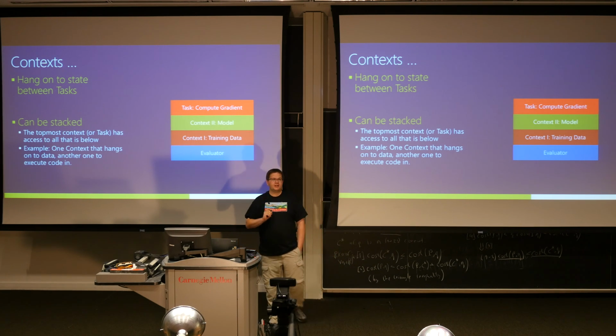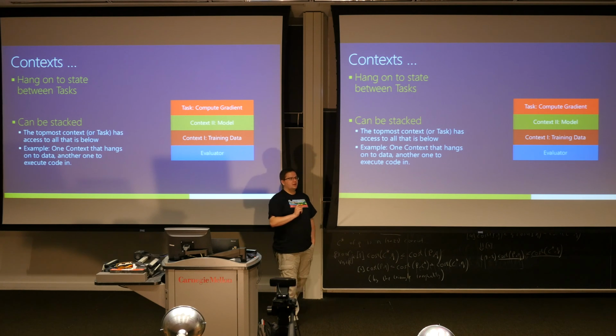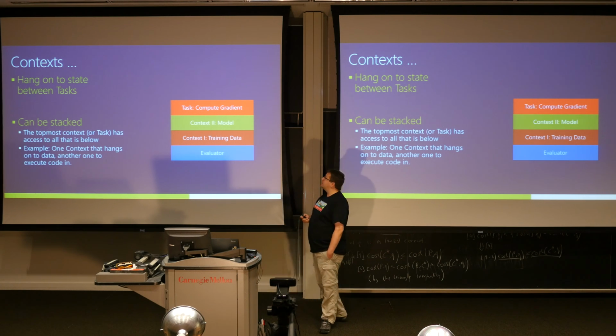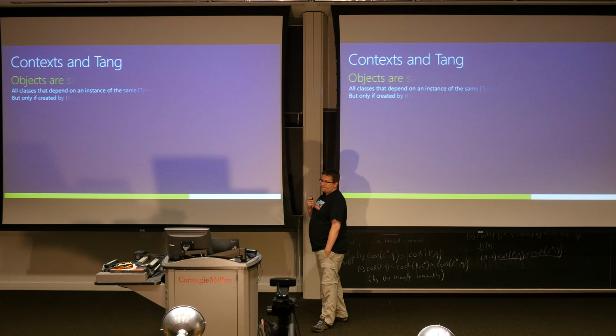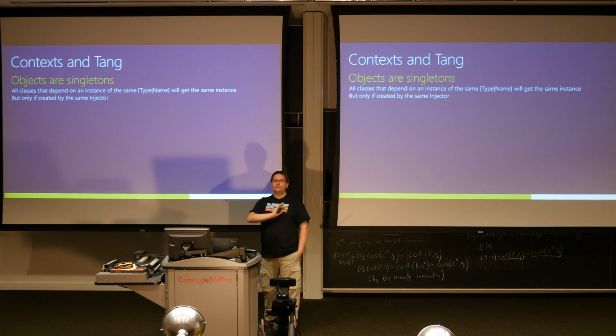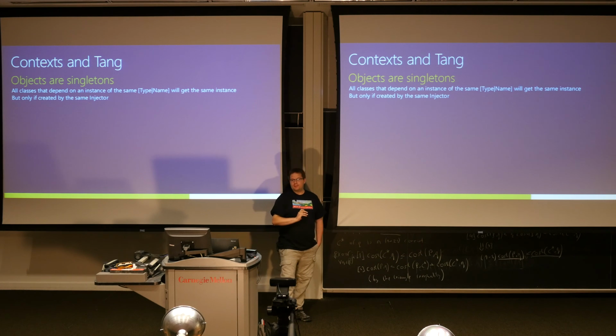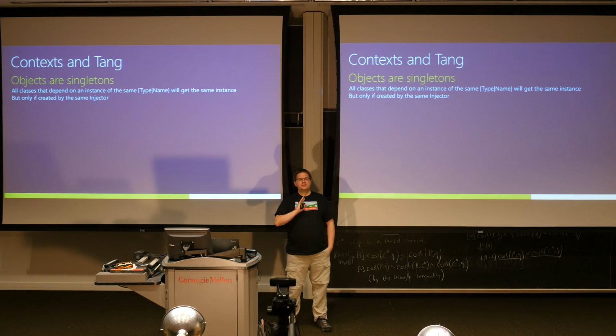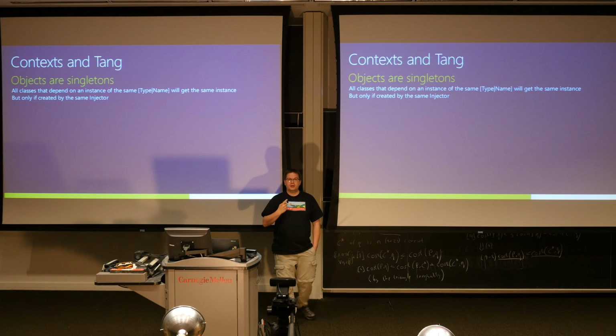So I was talking about that Tang is used for contexts. And some of you might guess how we do that. I have to tell you a few things in Tang that are just true that make it so much easier. Objects in Tang are always singletons. So if, for example, multiple places in your code depend on the kernel, they all get the same instance, right?